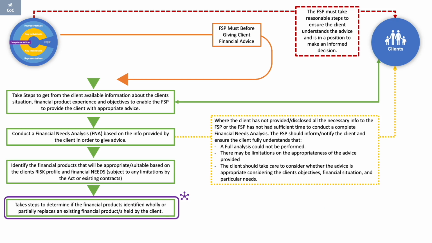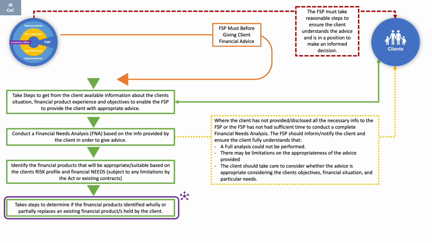Where the client has not provided and/or disclosed all the necessary information to the FSP, or the FSP has not had sufficient time to conduct a complete financial needs analysis, the FSP should inform and notify the client and ensure the client fully understands that a full analysis could not be performed.